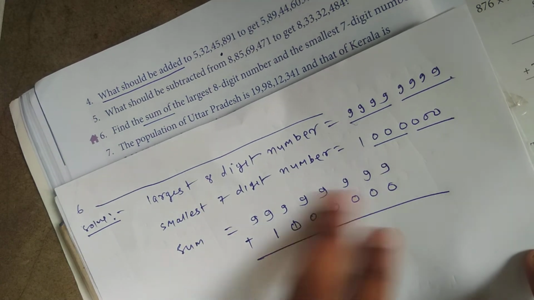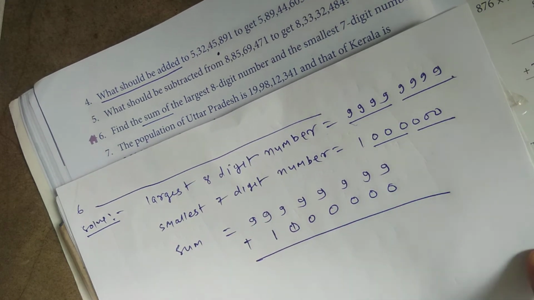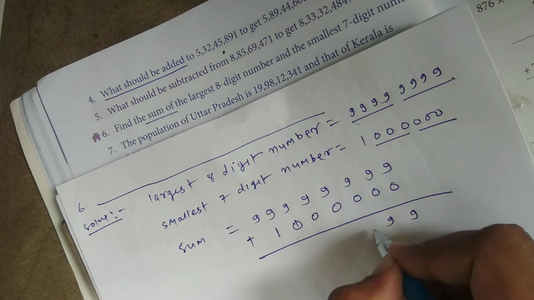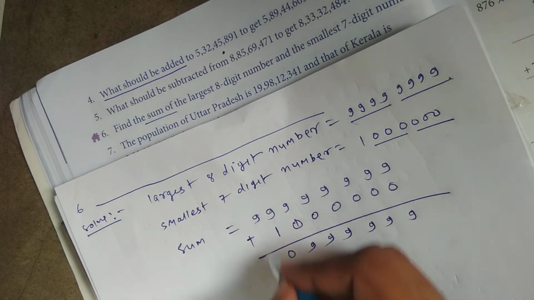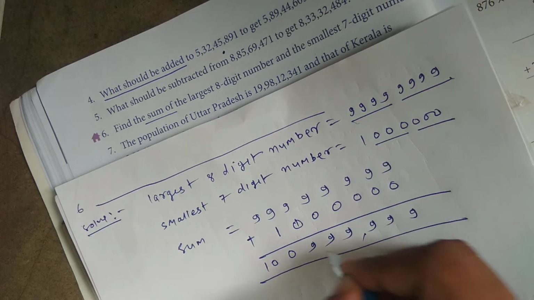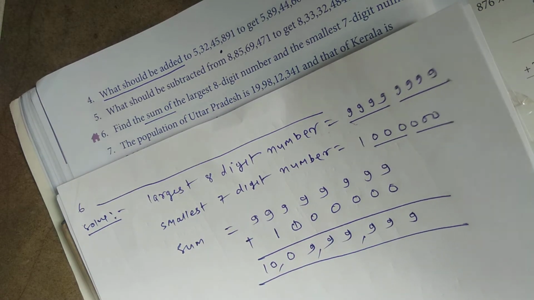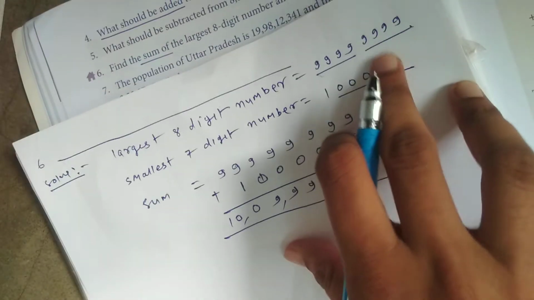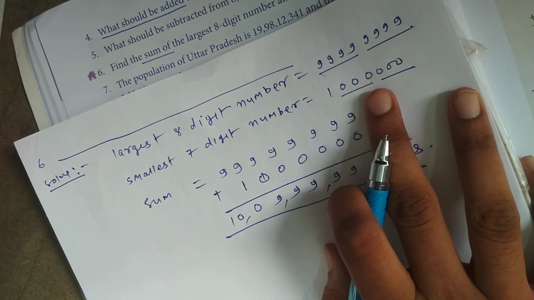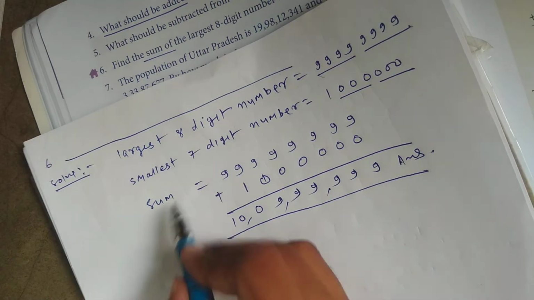Six times 0, 8 times 9. Then 9, 9, 9, 10. This is our answer. Okay, you just had to add the largest 8-digit number plus the smallest 7-digit number.